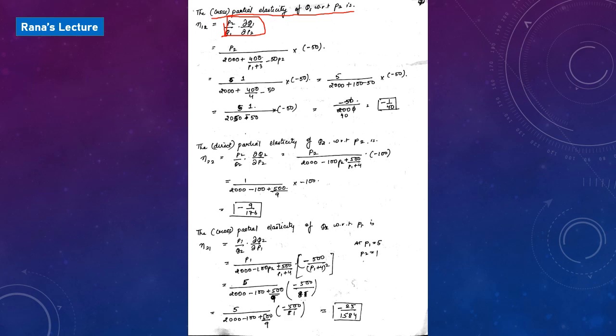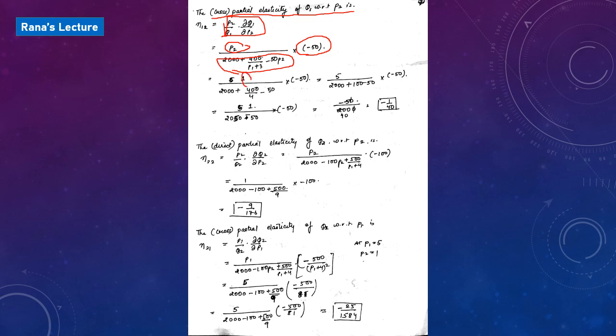What was the value of P1? P1 was 5. You write P2 as it is. Now Q1 as it is over here. Delta Q1 by delta P2 we got as minus 50, right? Here P2 was given as 1.